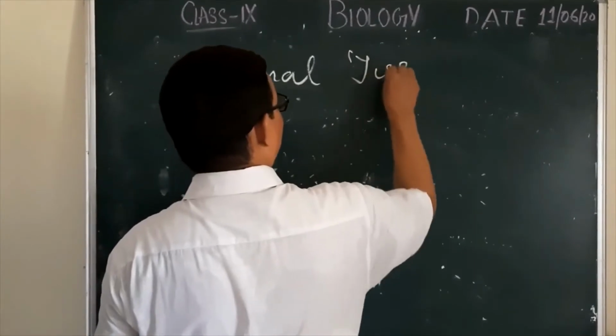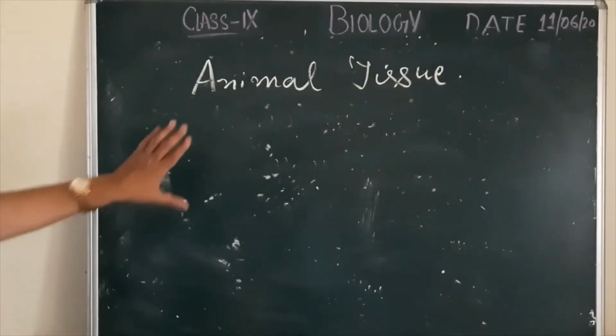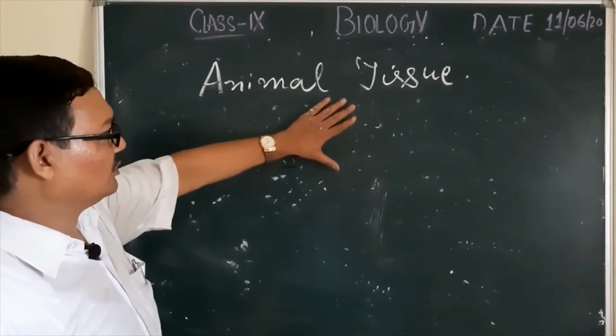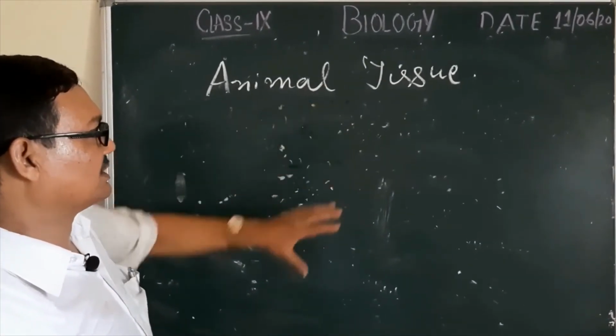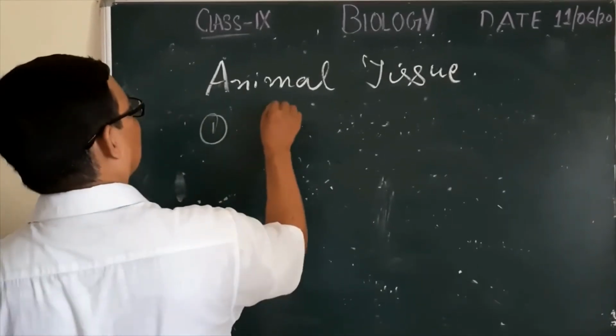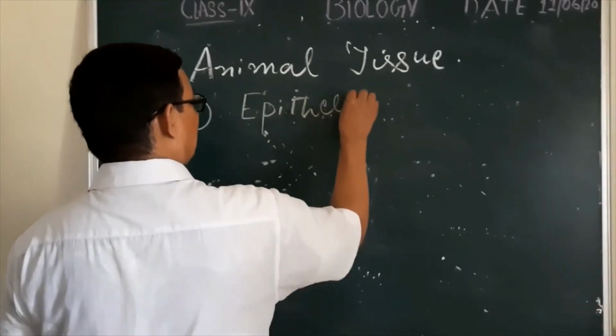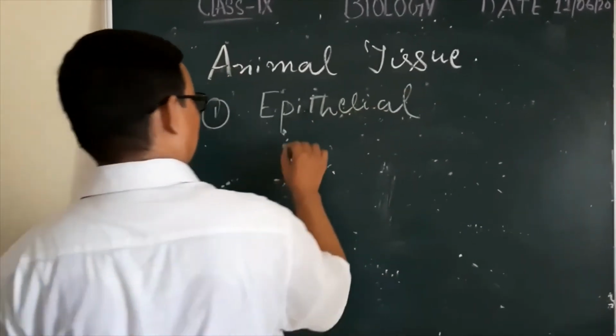Animal tissue. What are the different types of animal tissue included in our syllabus? Number 1, epithelial tissue.